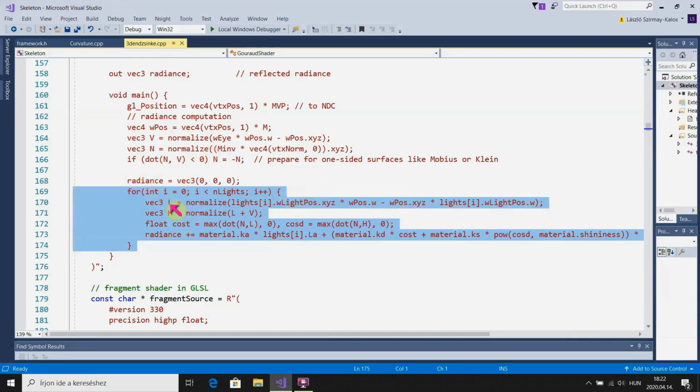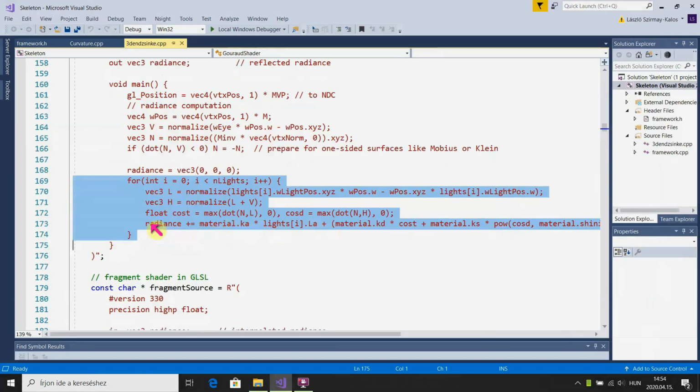Having the illumination direction and the viewing direction computed here, we can compute the halfway direction and then evaluate the illumination formula for rough surfaces, which means that the reflected radiance due to a particular light source is the ambient light contribution, which is just the product of the ambient reflectivity and the ambient light intensity, and this product is computed independently on the wavelengths of red, green and blue.